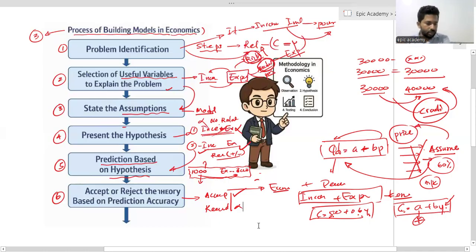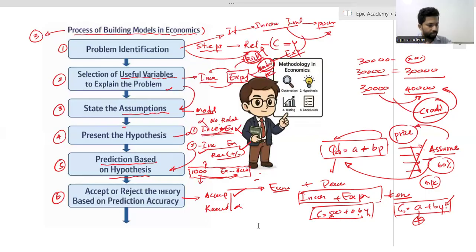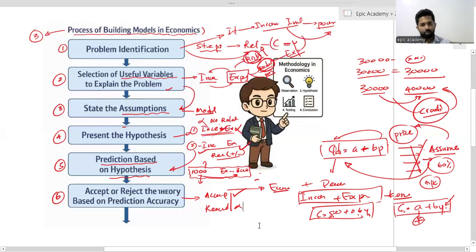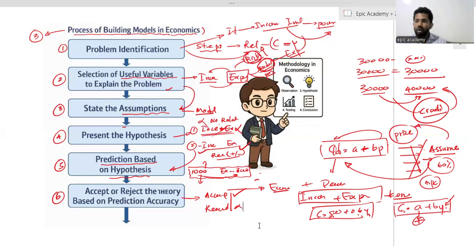To understand the economic behavior of the people, we have to build up the model.